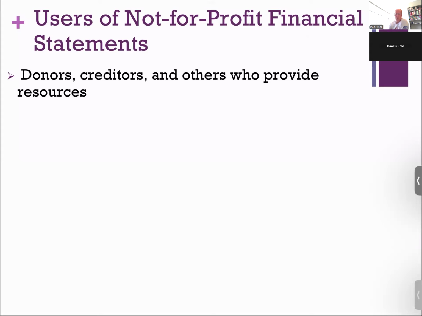If they're considering awarding a grant to a not-for-profit. So a lot of different types of donors. Also, financial institutions, if the not-for-profit is applying for a loan or something like that. So basically, pretty straightforward. Nothing crazy there.